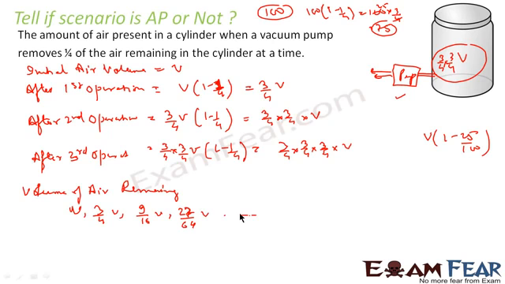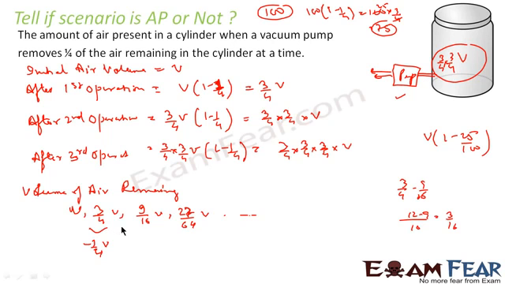If you find the difference between V and 3/4 V, what I'll get is minus 1/4 V. If you try to find the difference between 3/4 and 9 by 16, what I'll get is 3 by 16.